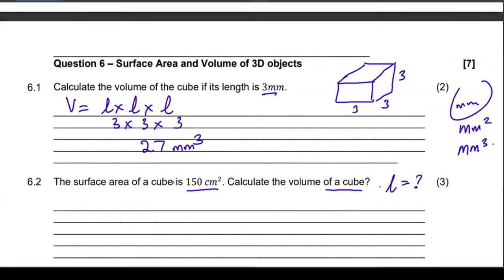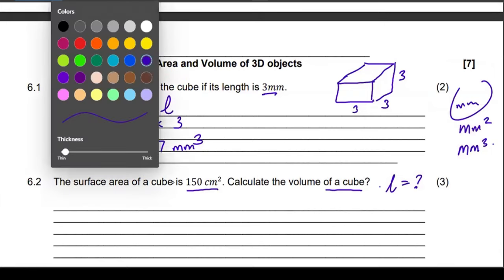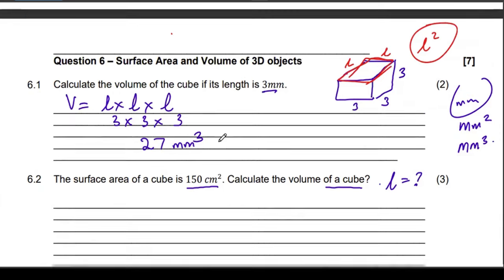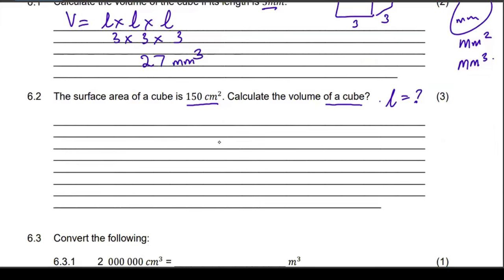If I say this is L, this is also L. So the area of one face is L times L, which is L squared. If I'm talking about surface area, I'm adding up the area of all the faces, meaning that the surface area is given as 6 times L squared.